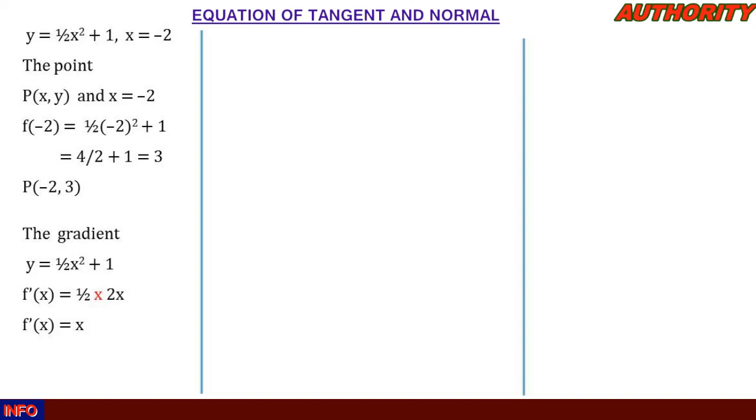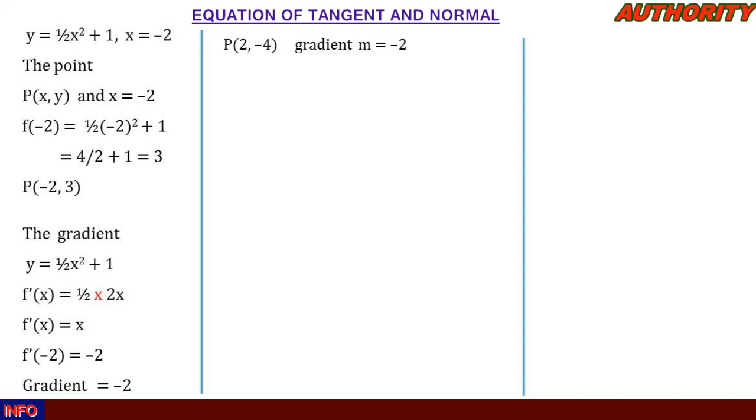And then we see that x is equal to minus 2. We're going to find f prime of minus 2. So f prime of minus 2 is equal to minus 2. So we say that the gradient of the tangent is equal to minus 2. Let's use the slope form to find the equation of the tangent. Here we have gotten the point P of minus 2 comma 3 and the gradient minus 2.